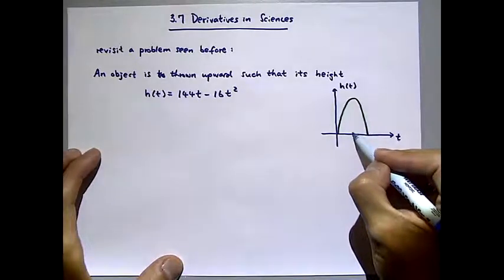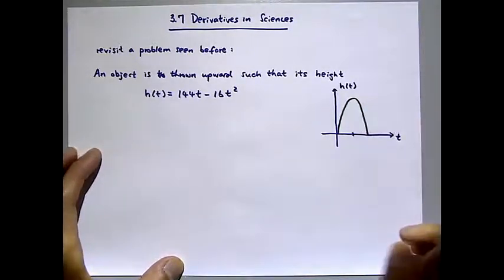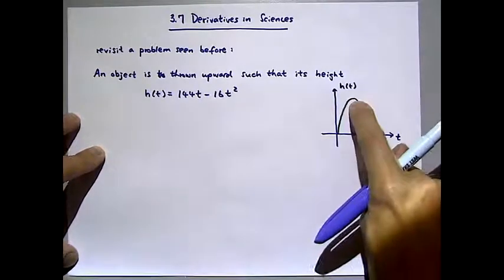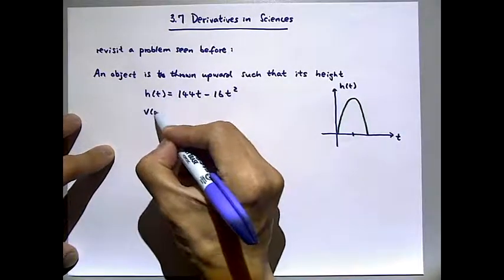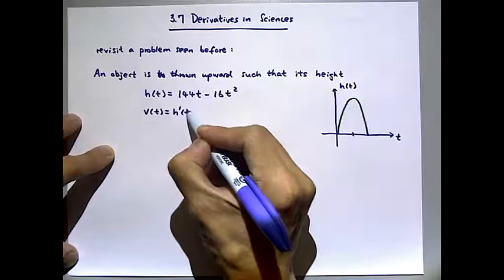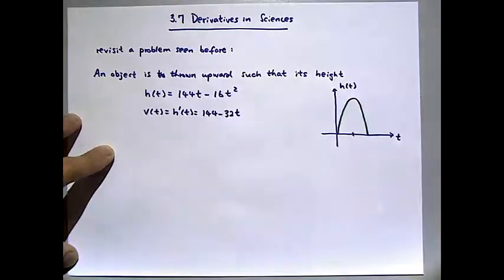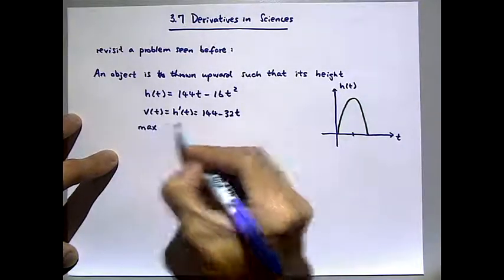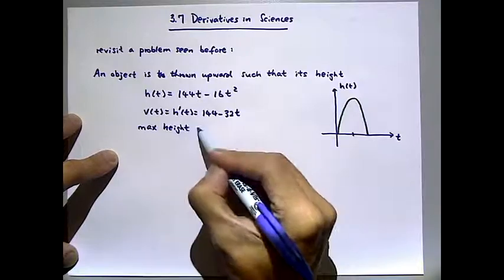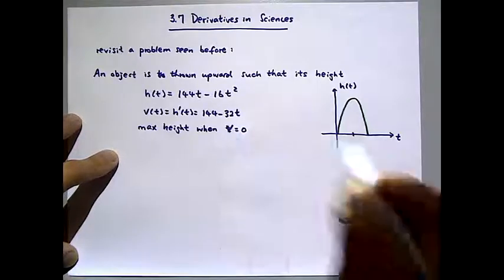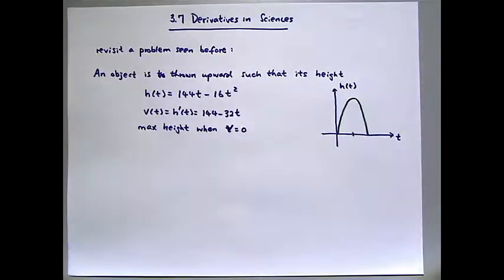Okay, do you remember how to find the time when the maximum height is reached? Velocity is 0, right? Yeah, that's right, the momentary stop here. So let's find the velocity. V of t, of course, is h prime of t. And that's very simple, 144 minus 32t. And we know that maximum height is attained at the moment when the velocity is momentarily 0, when it goes from upward to downward.